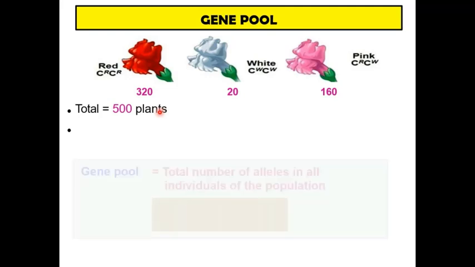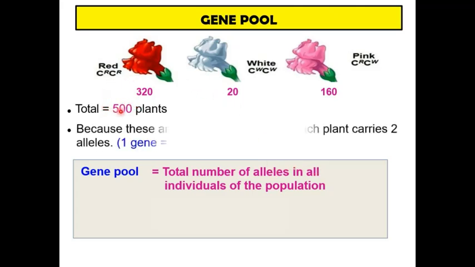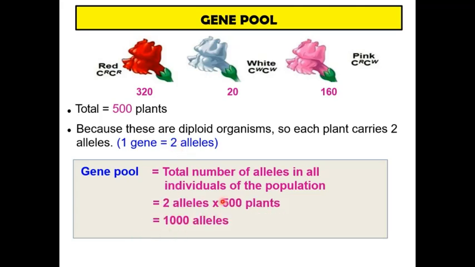Remember, gene pool means the total number of alleles in all individuals of the population. The number of alleles, not the number of individuals. Because these are diploid organisms, each plant carries 2 alleles, so one gene equals 2 alleles. What we have to do is multiply 2 alleles with 500 plants, so we get 1000 alleles. So the answer is 1000 alleles.